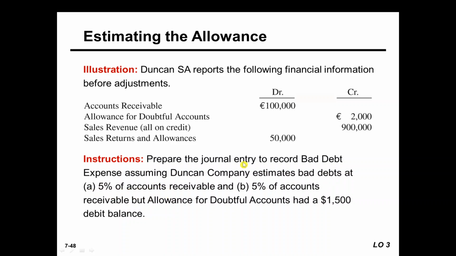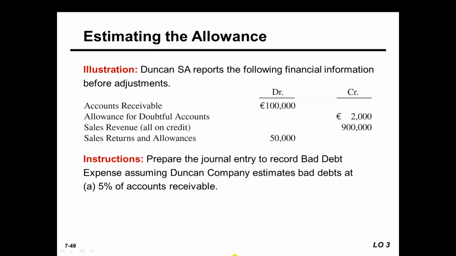So 5% based on all the accounts receivable, which means we have 5,000 here, but there is a debit balance of 1,500.